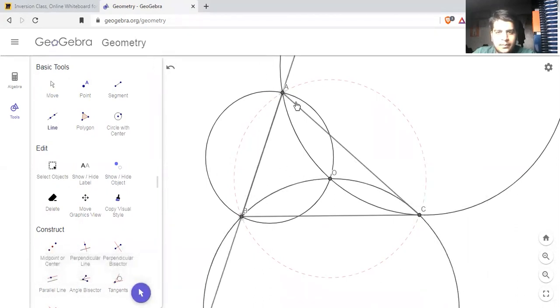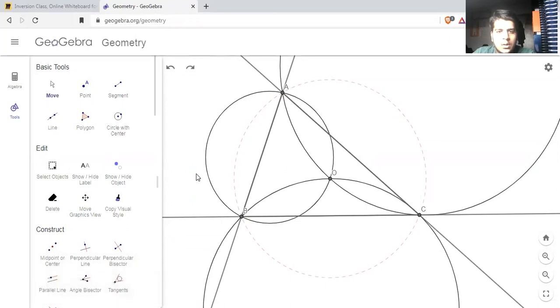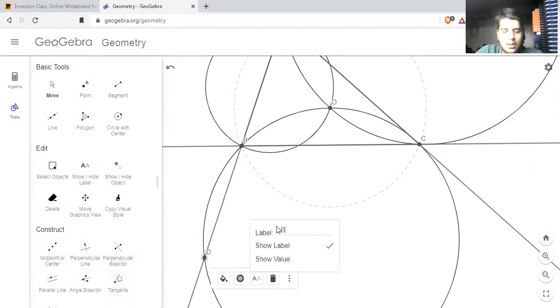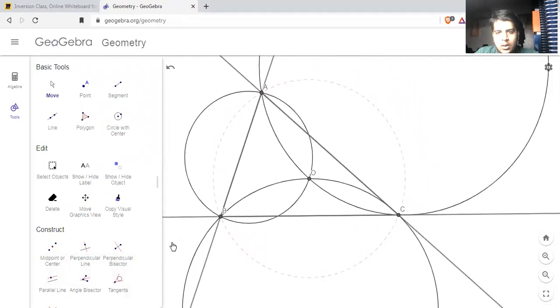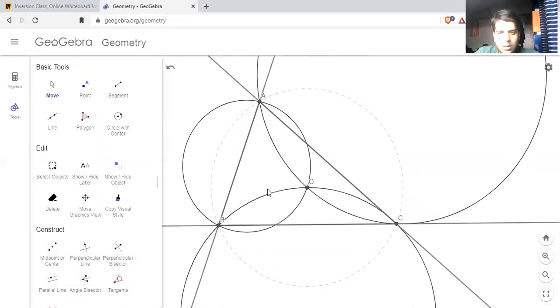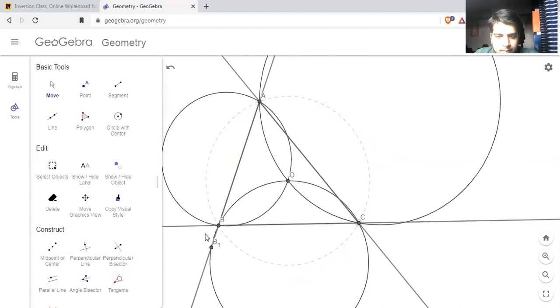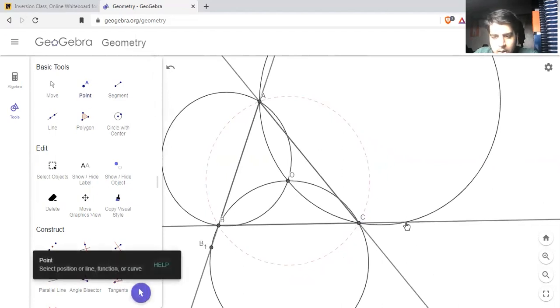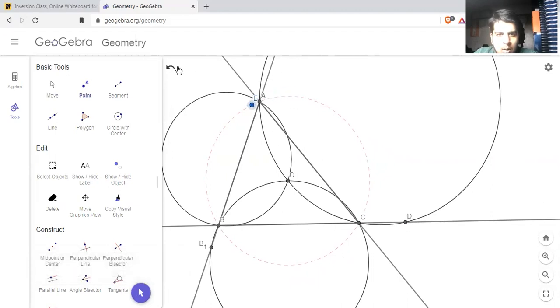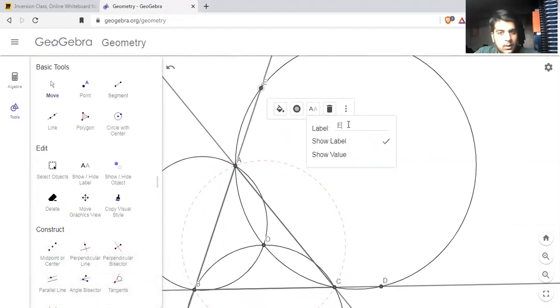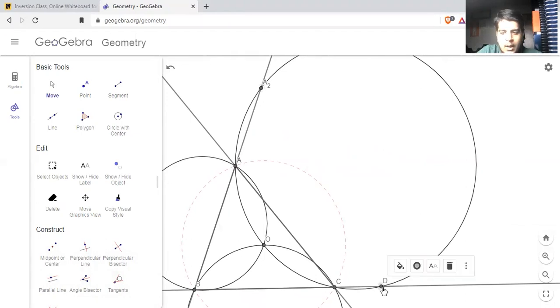This point is B1, and this point is A2 and this point is C2.